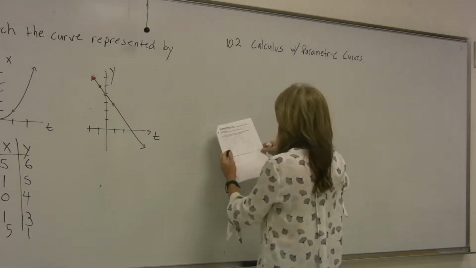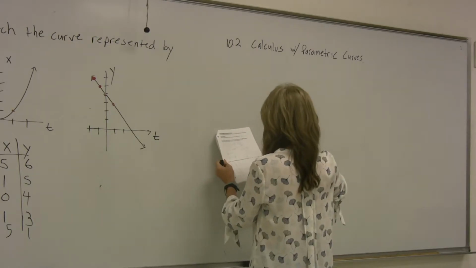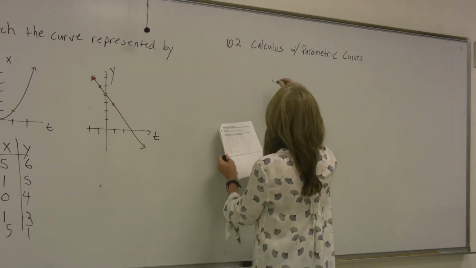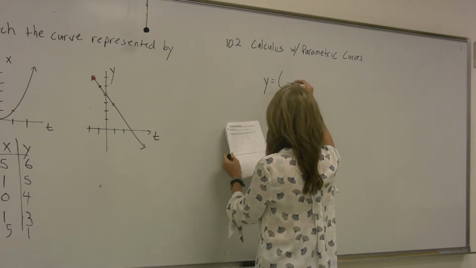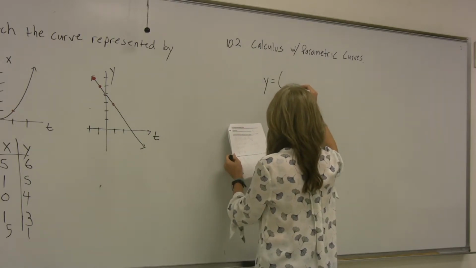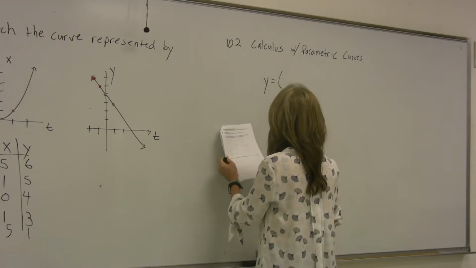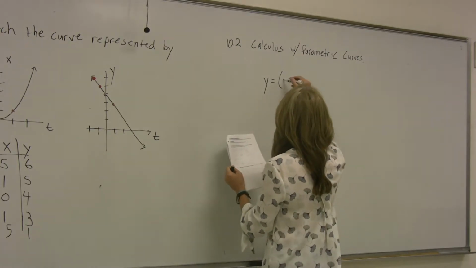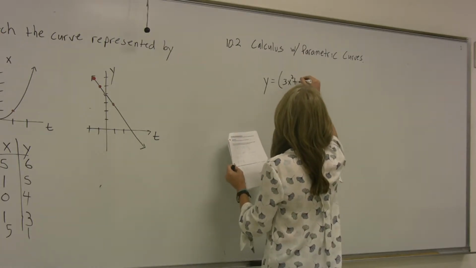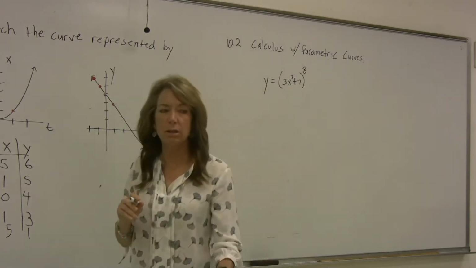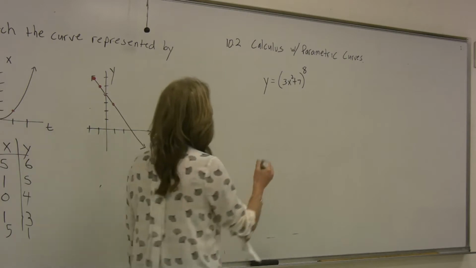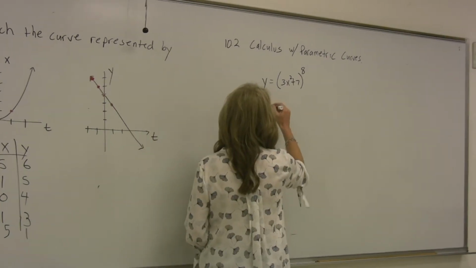Before we jump in, I want to ask you a question. If I were to take the derivative of (3x squared plus 7) to the 8, little review question, how do I find the derivative of this?